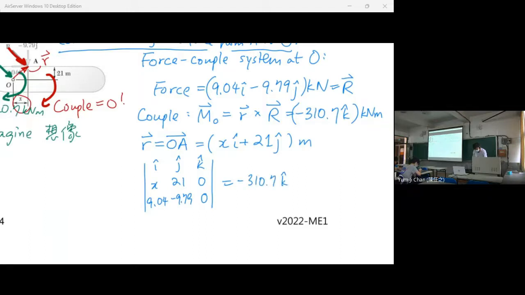So x is equal to 12.3 meters. This is, of course, the small r, and this is the big R.